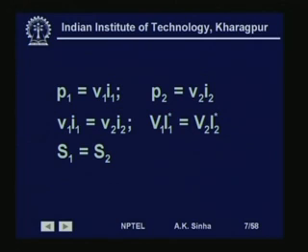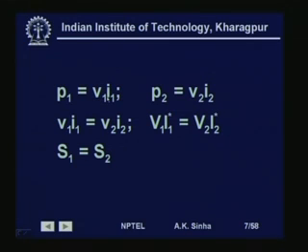So, what do we find for an ideal transformer? The input power is equal to the output power. The instantaneous value of input power, P1, is equal to v1 into i1. Now, these small case letters are meant for instantaneous values.